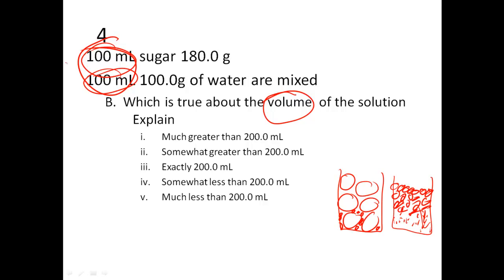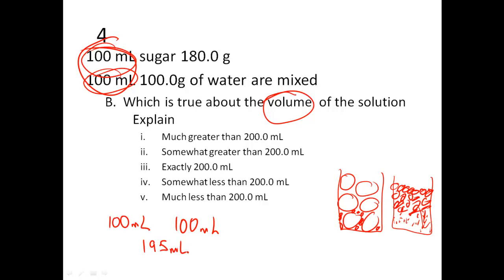Volumes are not additive. We will look at examples in class of where we can put 100 milliliters of one chemical and 100 milliliters of another chemical, and we will come up with 195 milliliters. Volumes are not additive.